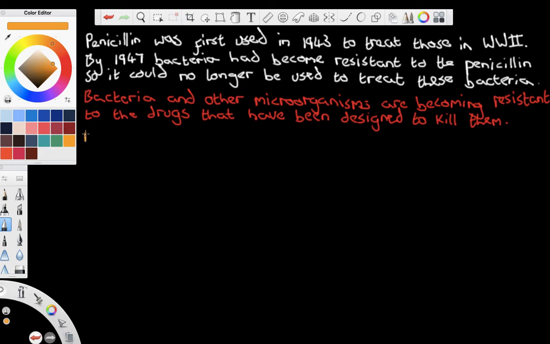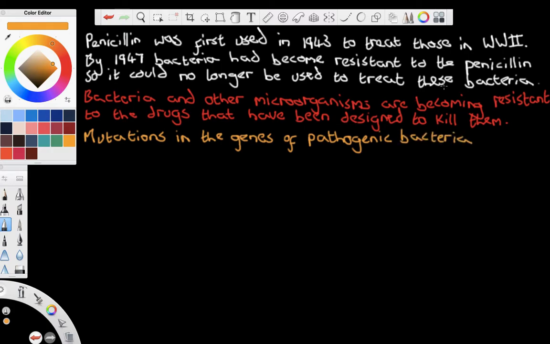So we can say that mutations in the genes of pathogenic bacteria produce new strains, some of which would be resistant to an antibiotic used on a patient.